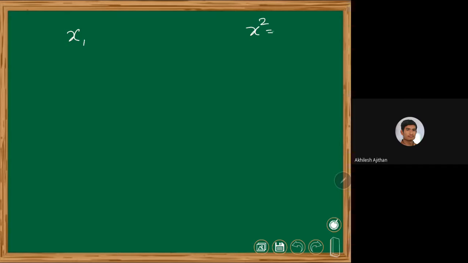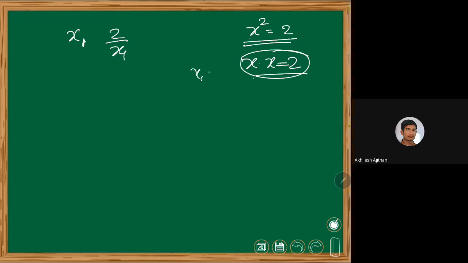It solves x square equals 2. The solution is root 2. So whenever you are writing root 2, anything multiplied by itself has to give 2 as the answer. So if you are giving me an approximation x1, I will give an approximation 2 by x1, if x1 is away from 0.